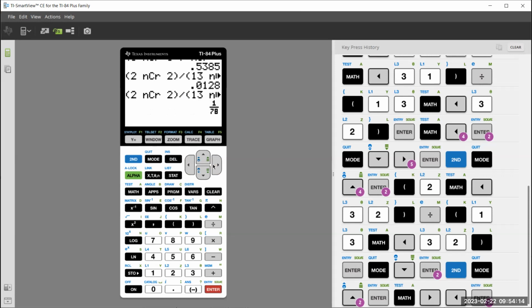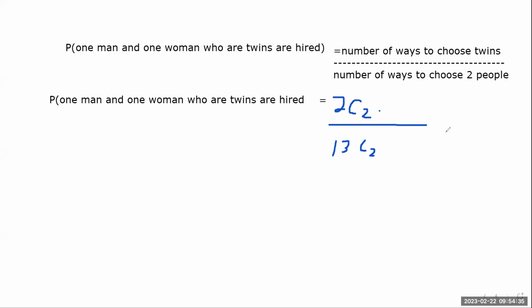So we have a 1/78 probability of choosing our twins, 0.0128.